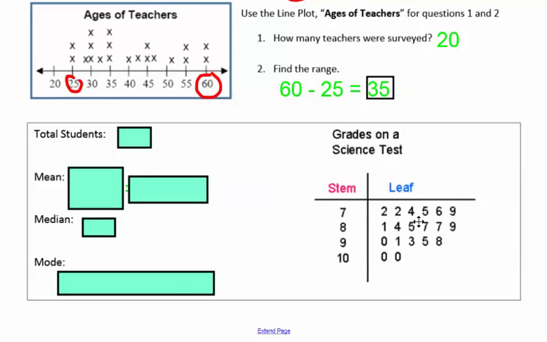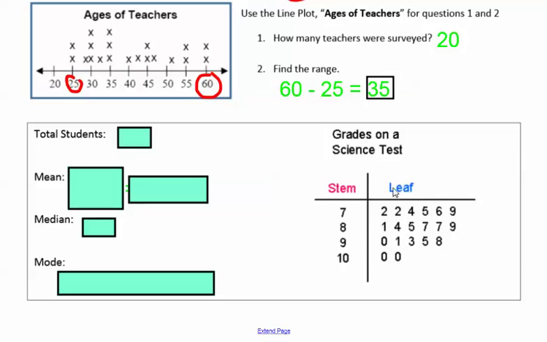Next, we are going to look at a stem and leaf graph. These are grades on a science test. Okay? So, if I were to start listing this out, the way that it works, the first grade is a 72. The next grade is a 72. The next one is a 74.